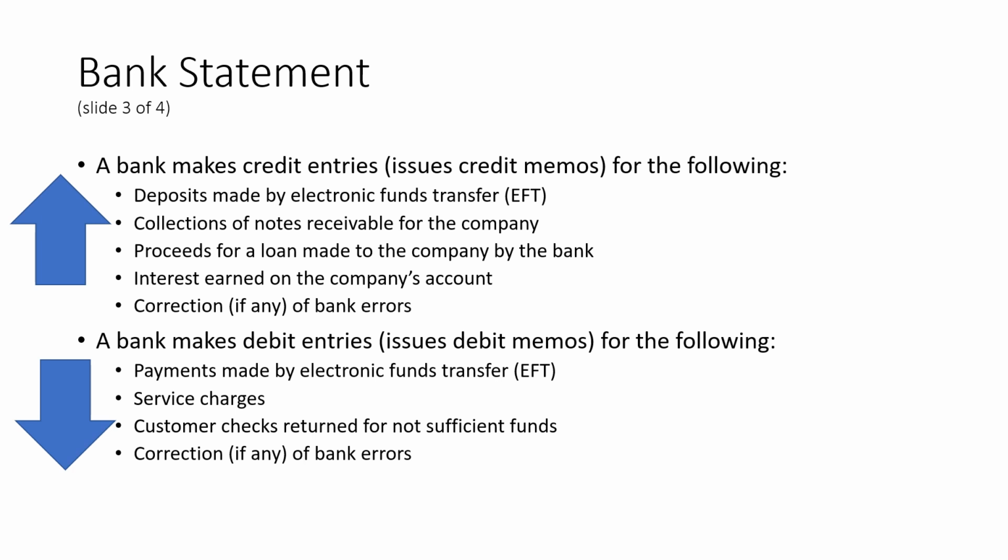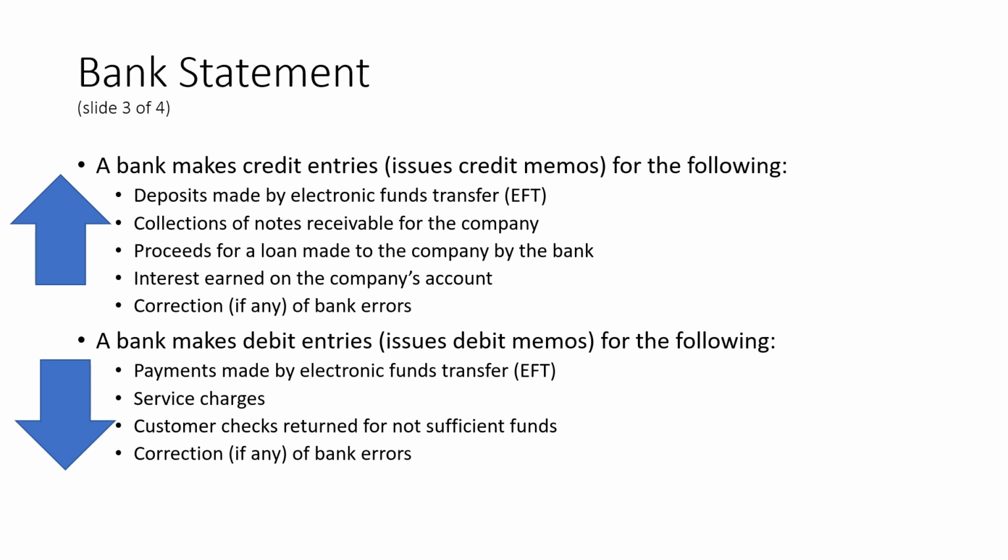So you'll see credit for things like electronic funds transfers that are coming to your bank account, collections of note receivables on behalf of the company that the bank collects from other customers, proceeds from a loan made to the company by the bank, interest earned on the bank account itself, and then potentially any correction if there are bank errors.